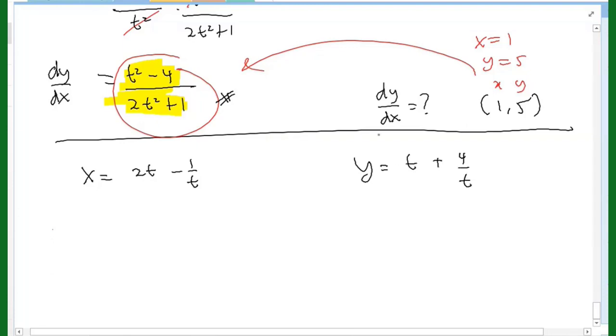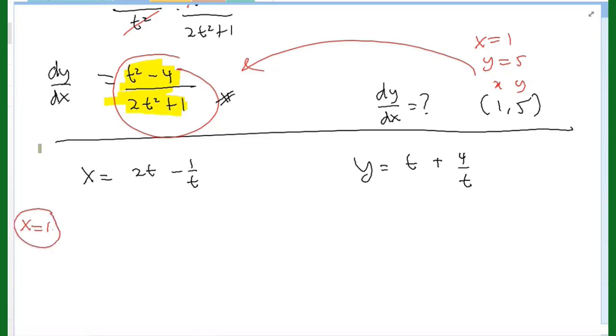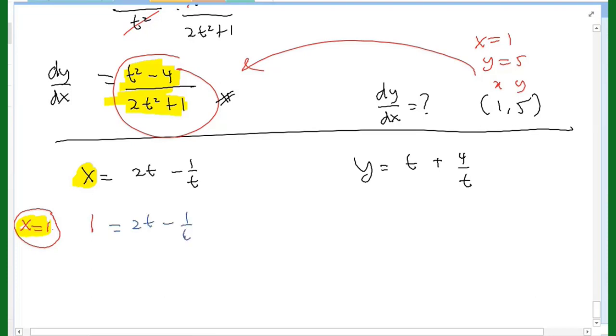Okay, now given x is equal to 1. Okay, so substitute lah. X equal to 1 to here. Substitute 1. Dalam ni. Then 2t minus 1 over t. Now we're going to find t. Kan? Equating the denominator. 2t squared minus 1 quadratic.